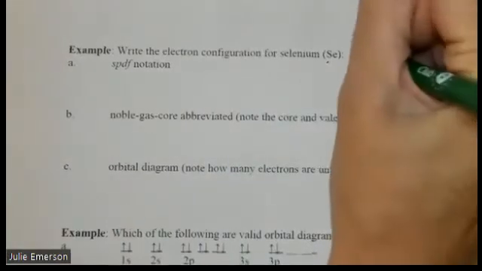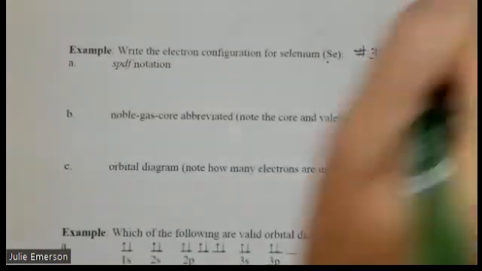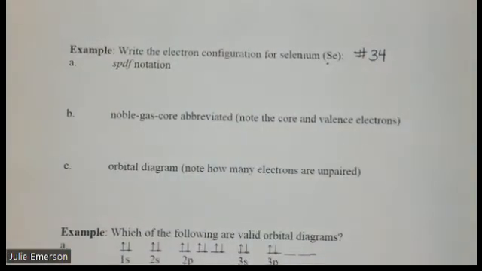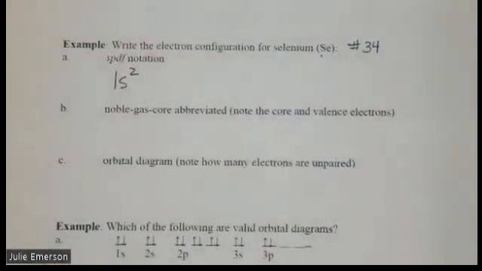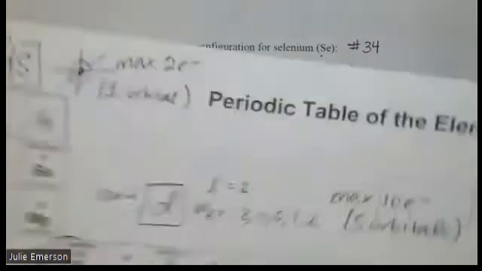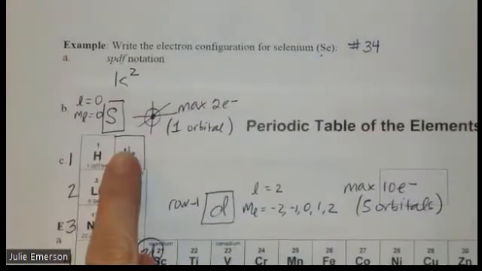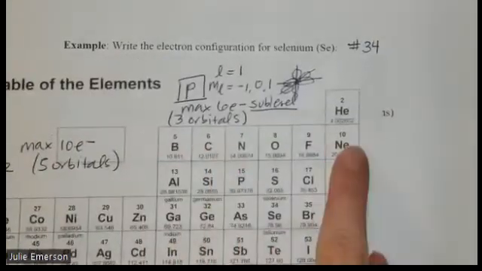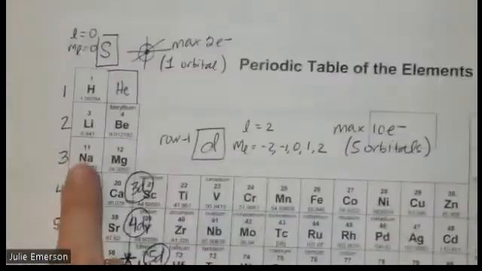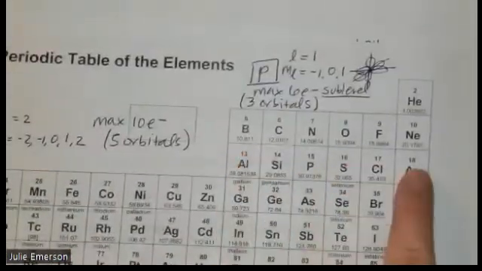So for selenium, I know I have 34 electrons to assign an address for, right? The first ones always go 1s2. Every electron configuration starts at 1s2 except hydrogen, which is 1s1. Then going with the periodic table, 1s2, 2s fills at 2. Then we'll come over, do 2p6, and then we'll have our 3s2 and our 3p6.